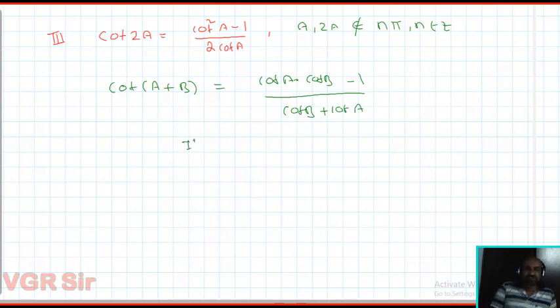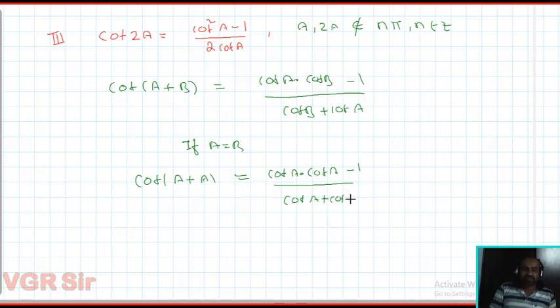If a equal to b, cot of a plus a equals cot a into cot a minus 1 by cot a plus cot a. So cot 2a is x into x, x square meaning cot square a, minus 1 by x plus x, 2 cot a. This is the formula for cot 2a.